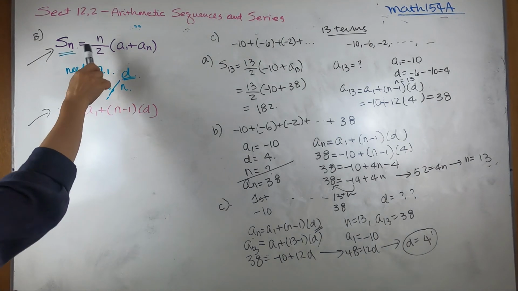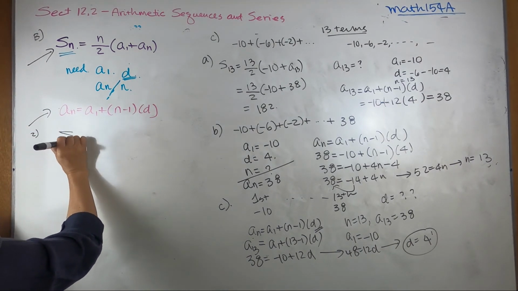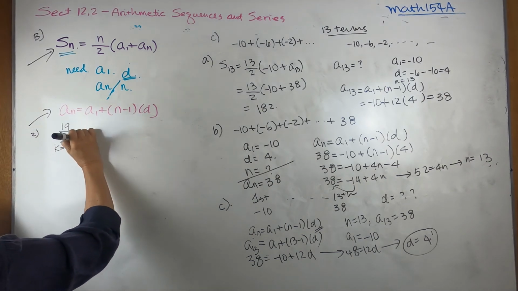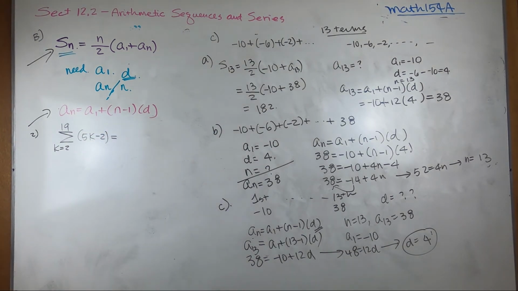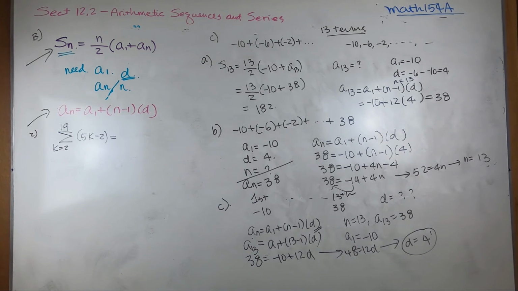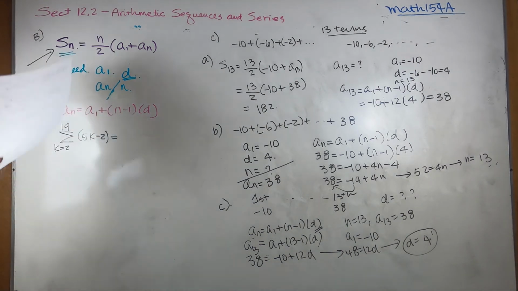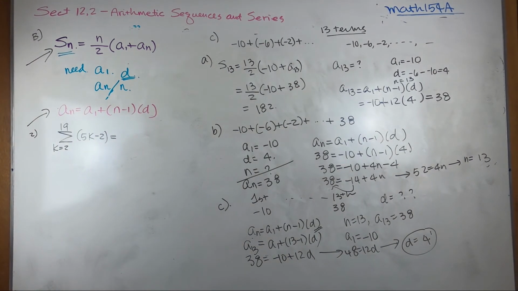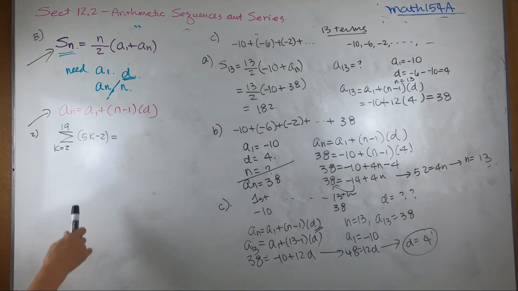But you have to decide which formula you need to use. Look at the next one, second example. If you have this, what do we want you to do? We want you to find the sigma. Sigma means the sum, okay? Then 5k minus 2 is your general term. So what kind of sequence is that?